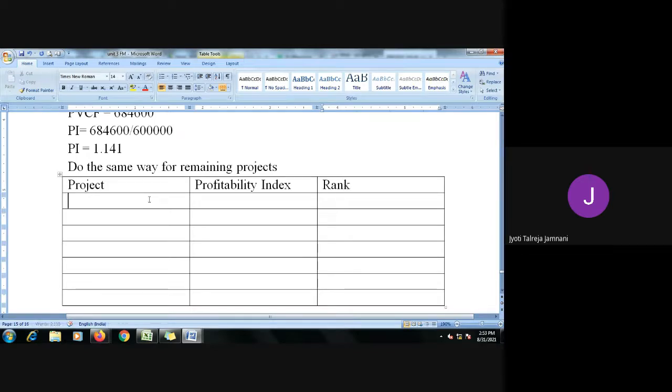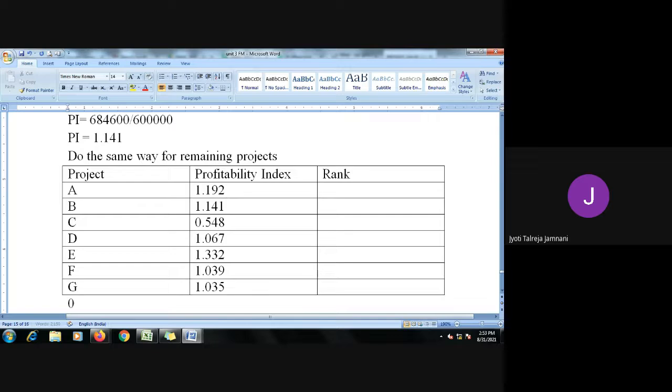So we have projects A, B, till G we have in the profitability index that I have got 1.192 for project A, 1.141 for project B, 0.548 for project C, 1.067, 1.332, 1.039, 1.035, and 0.581.